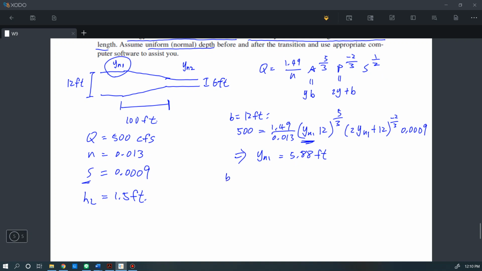Similarly, for the width equal to 6 feet, we have a really similar equation. It looks like this. The only difference is that the width is now changed to 6 feet, with 2 times yn2 plus 6.